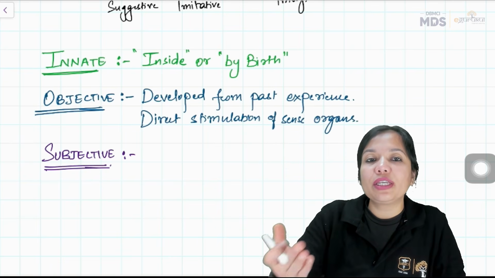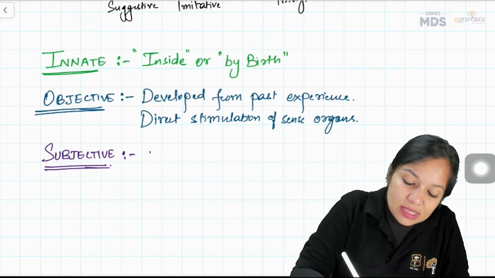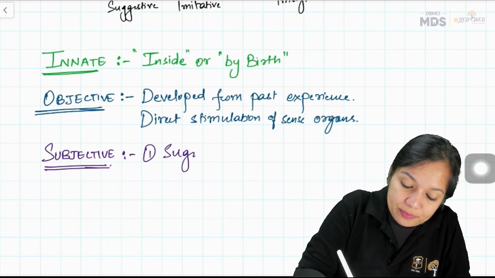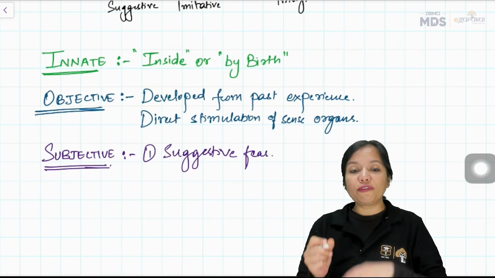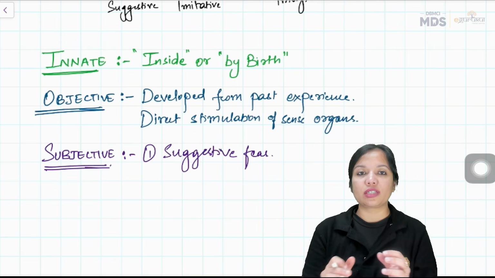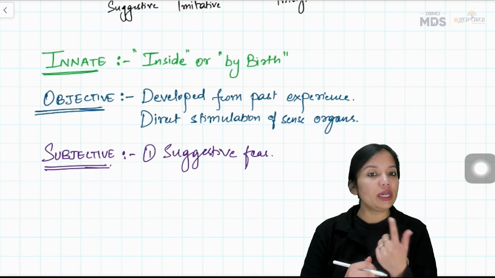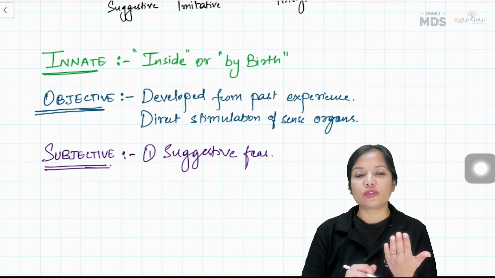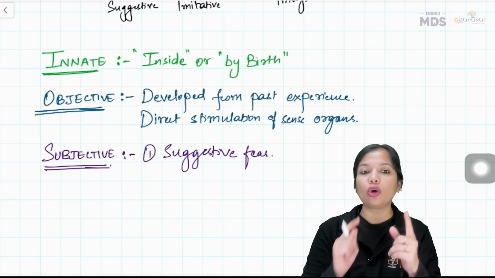I will tell you based on examples the three types of subjective fear. The first is suggestive fear. Okay, so the fear acquired by the suggestion of others. For example, you will see mothers generally say, if you eat a lot of chocolates, if you eat a lot of sweets, I will take you to the dentist and the dentist is going to give you a good injection.